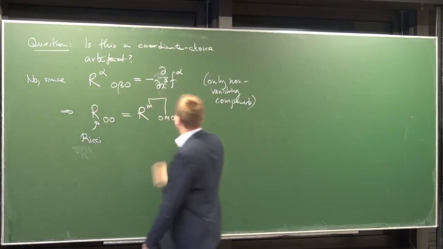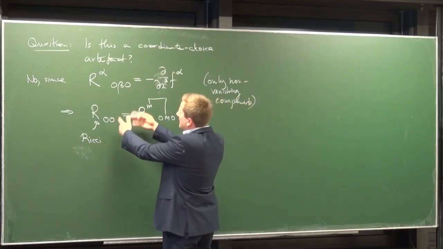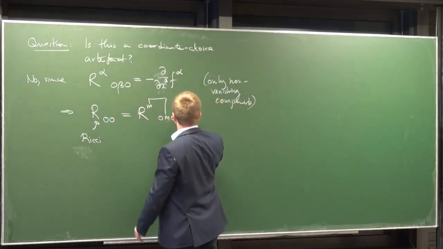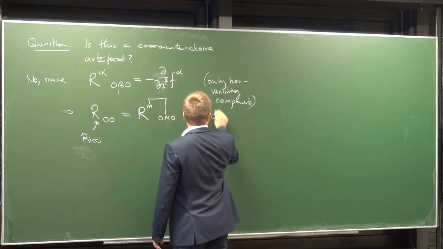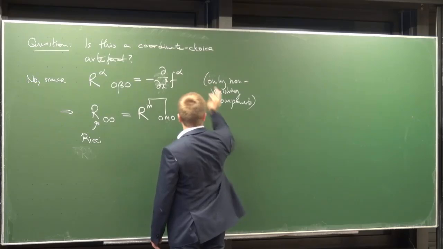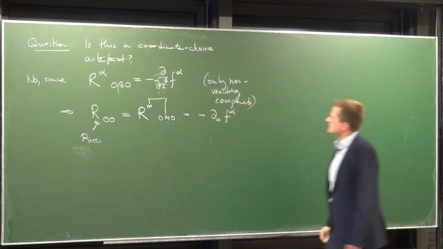You contract the first and the third index, as on the last tutorial sheet. It's traced information, and the Ricci tensor is minus d by dx. It doesn't matter to write it so precisely, because we're in these coordinates.